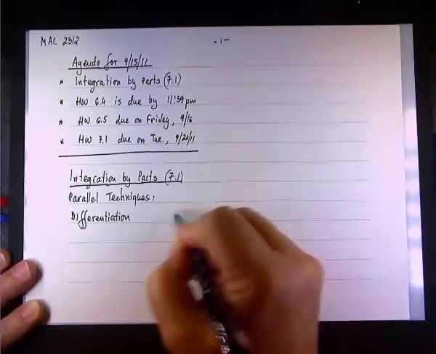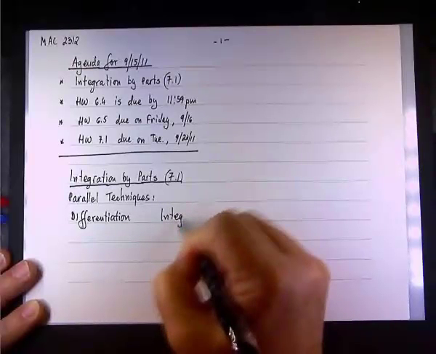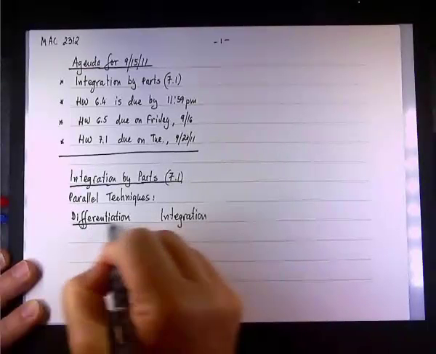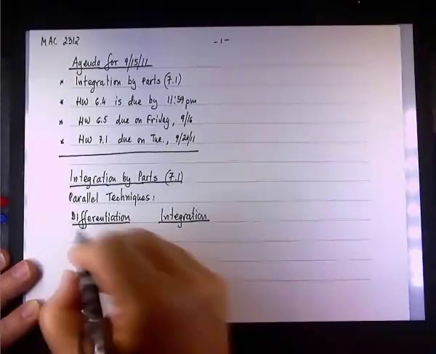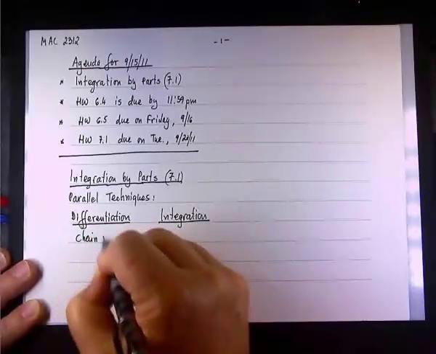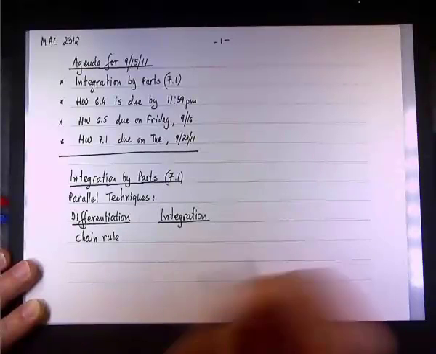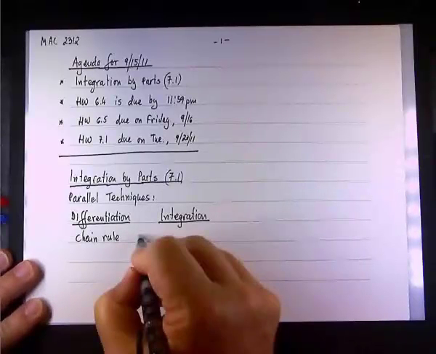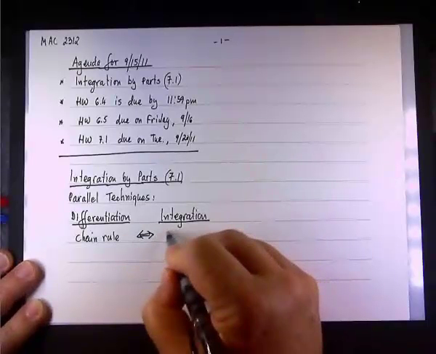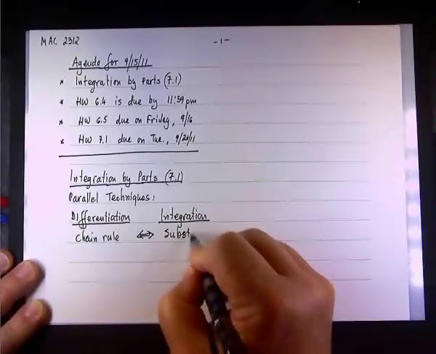Differentiation and integration. So the first one, we saw that when we use the chain rule, then the operation that is parallel to the chain rule was the substitution.